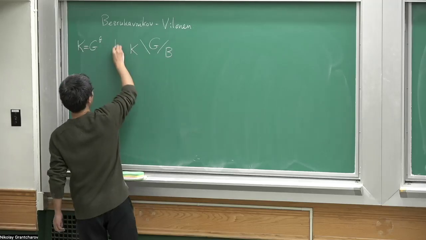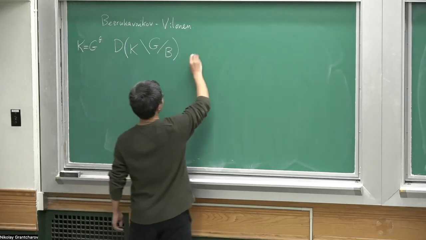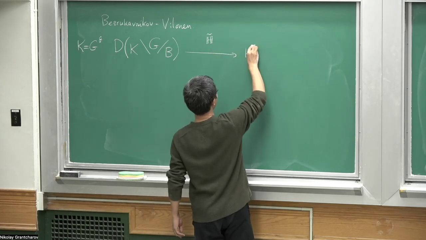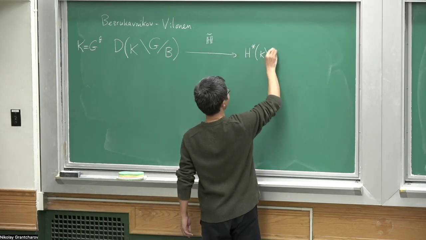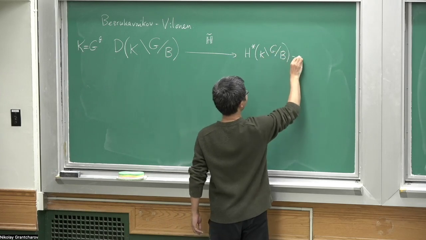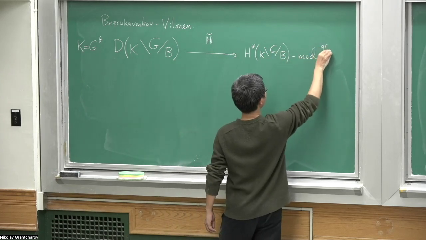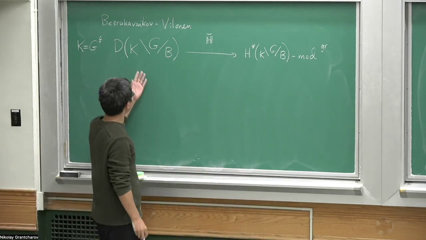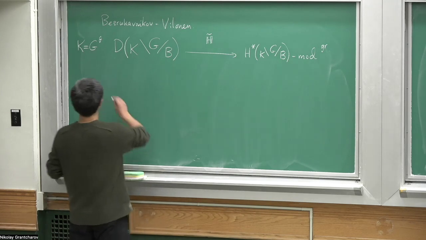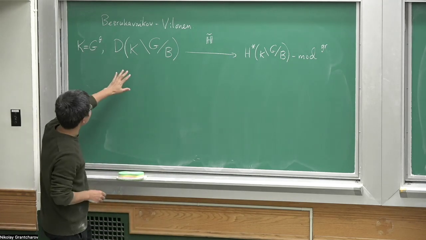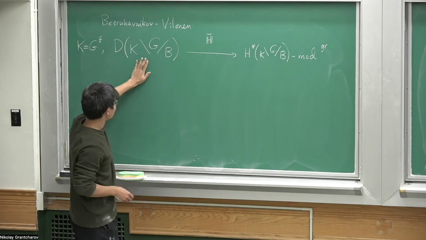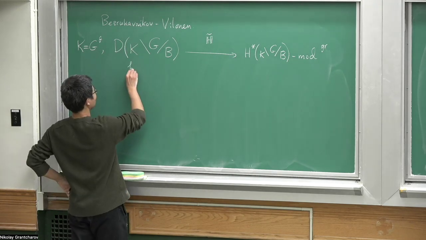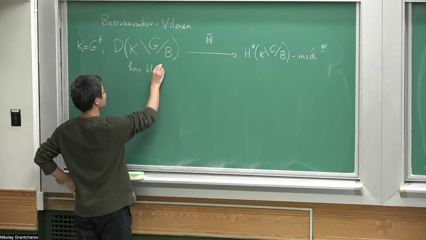So here, again, one considers global sections. It's a little bit like the previous situation. This category can be decomposed into blocks. So this has a block decomposition.